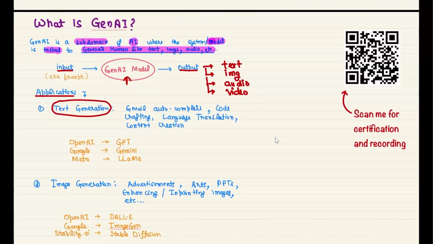The two things I've written over here are text output and image output, and I'm talking about text output and image output based models. Do you agree that whenever you are writing an email on Gmail, say you are trying to write thank you, it will automatically start auto-completing your sentences? Have you ever noticed that?